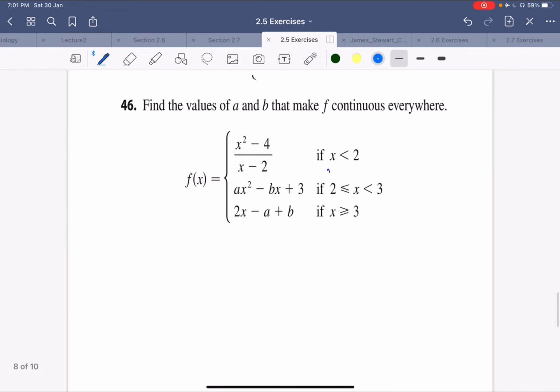فهذه عن ال intermediate value theorem. هلا find the values of a and b that make f continuous everywhere.